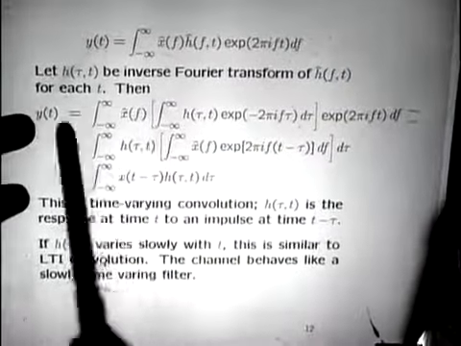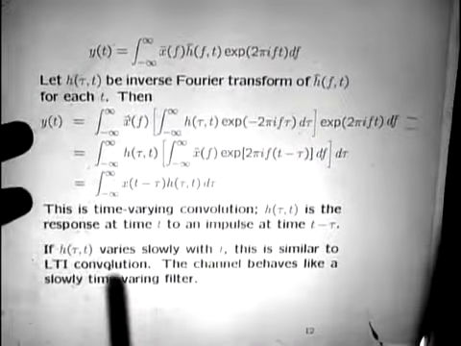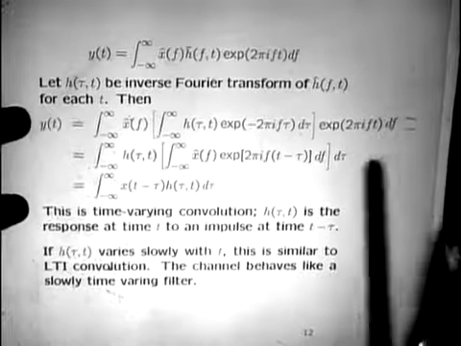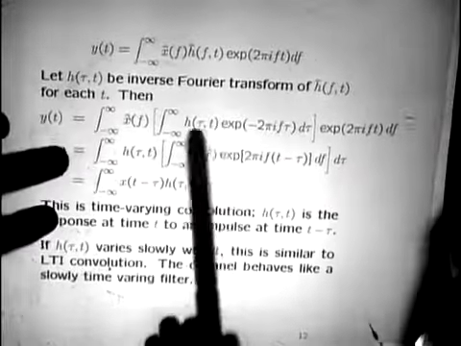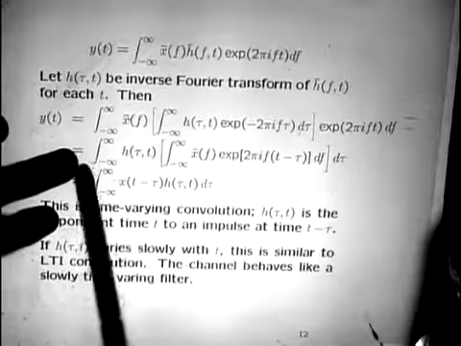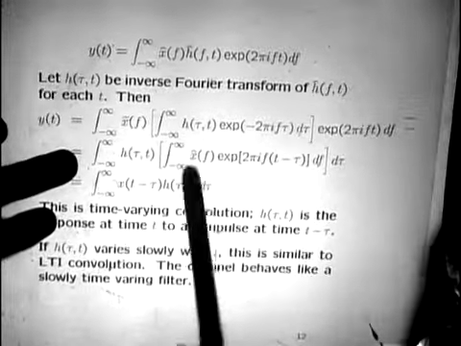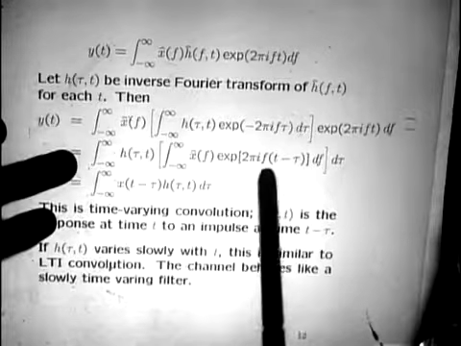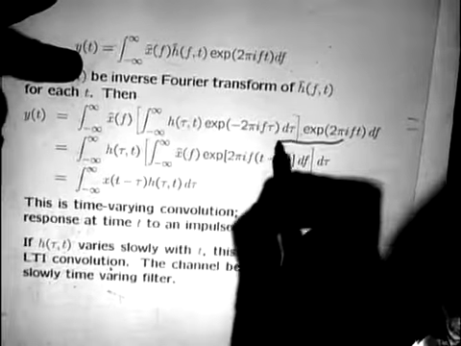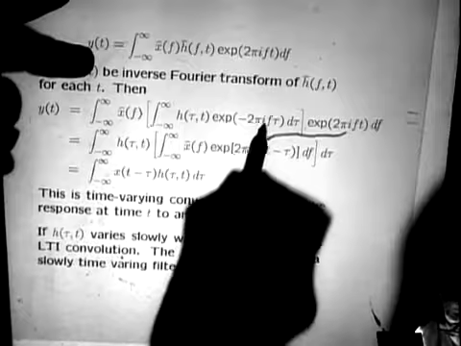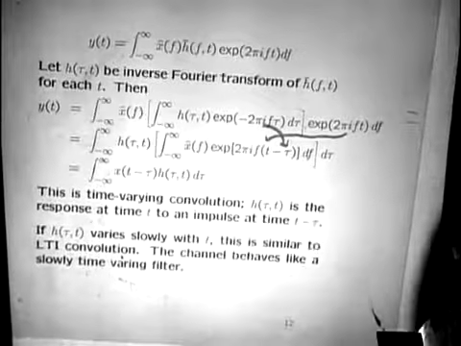So now we're going to interchange these orders of integration. We're going to integrate over tau on the outside and f on the inside. We bring the function of tau outside. This is an integral in tau. The function of f goes on the inside. We have e to the 2 pi i f t, that's this quantity here, and we have this term there.